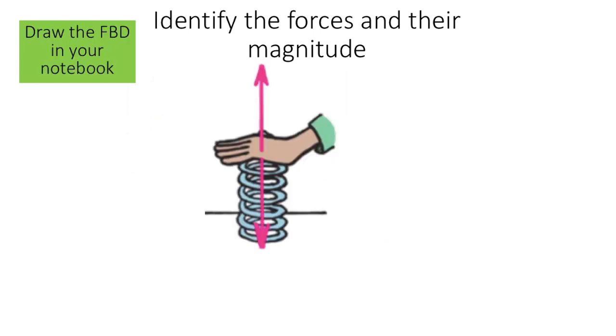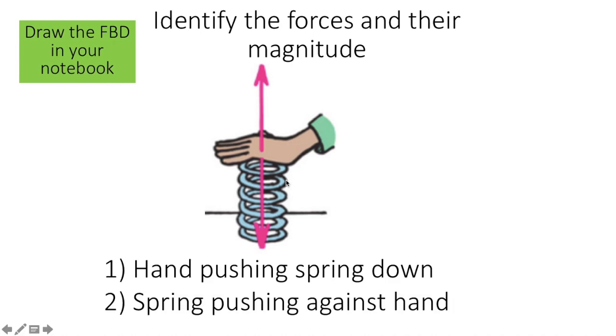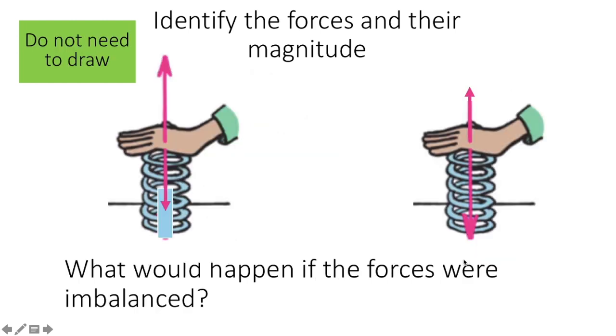Go ahead and draw this free body diagram in your notebook of a spring that is being pushed down upon by a person's hand. If you were to draw the free body diagram, you would see that again, it would be in equal and opposite directions for the spring force as well as the applied force.